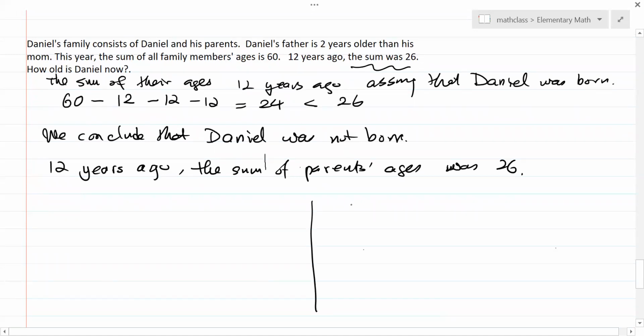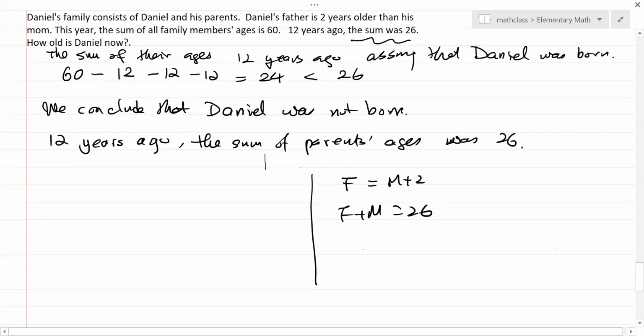The father's age is always 2 years older than the mom's age, right? And the sum is 26. Now, can you solve this problem? The sum is f plus m. F means the father's age 12 years ago.